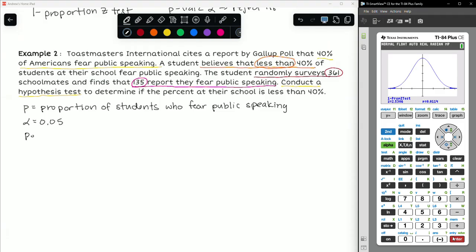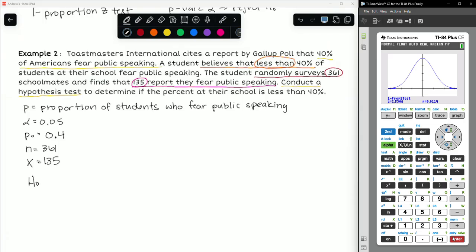We know that our claimed proportion is 40%, so 0.4. We know that our sample size is 361. Our sample successes is 135. And we know that we want to test a claim about less than.